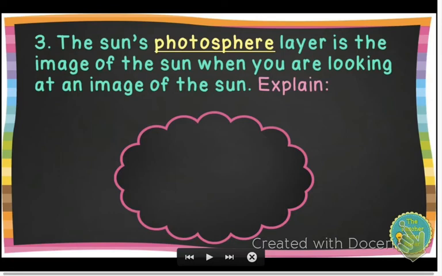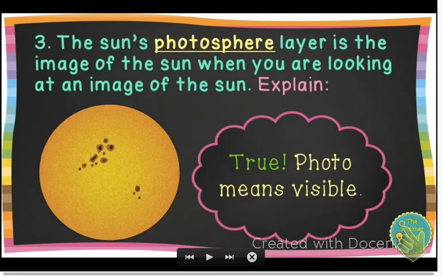So when you look at a picture of the sun, are you looking at its photosphere? Yes. Remember, photo means visible or light. So when you see a picture of the sun, you're actually looking at the photosphere layer.